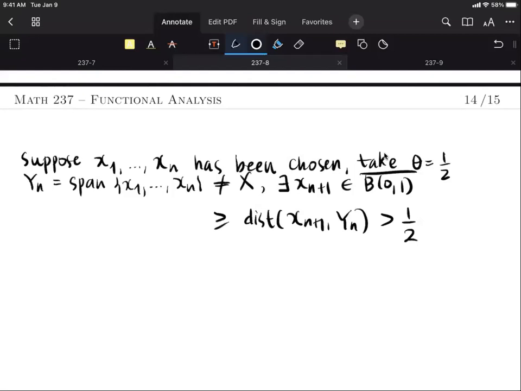But again, this distance is less than or equal to the distance of x sub n plus 1 minus x for any x in your subspace yn. So in particular, let us take this one, for j from 1 up to n.